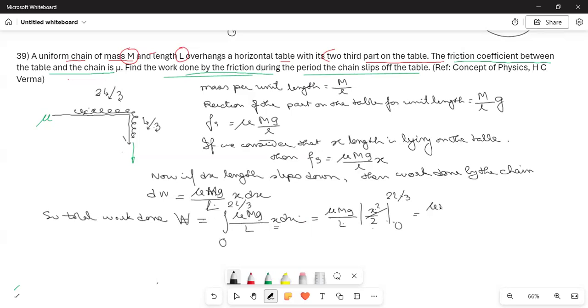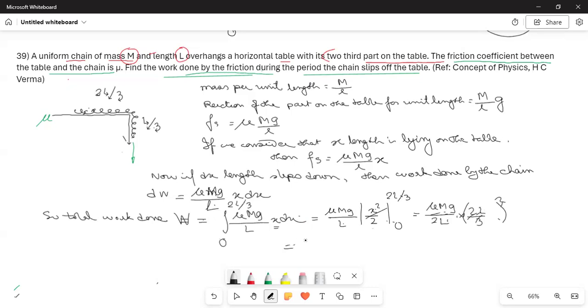Now if this 2 also is a constant, we can take it out. So it is mu M g upon 2L multiplied by x square. The first value will be 2L by 3 whole square, the second value will be 0, so we avoid writing the second value.